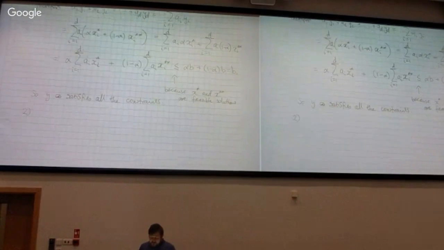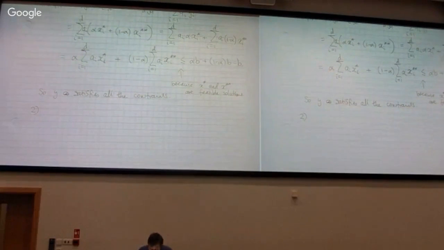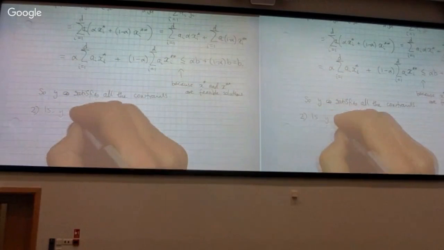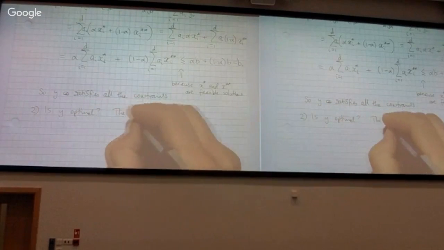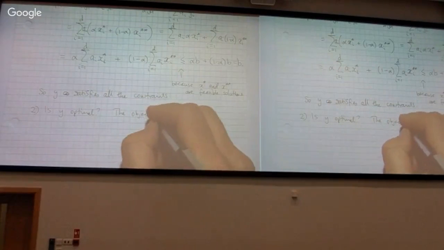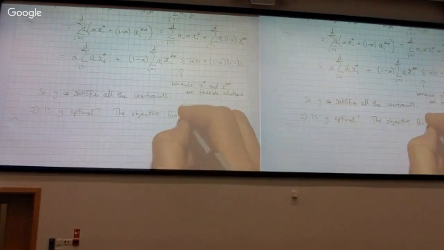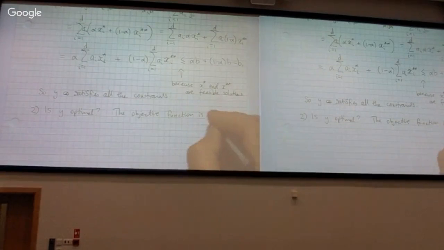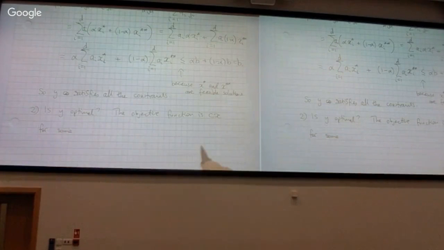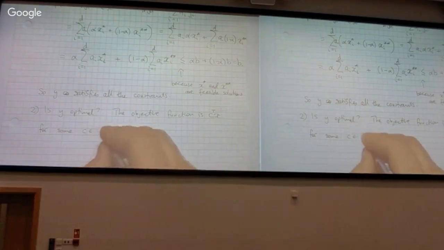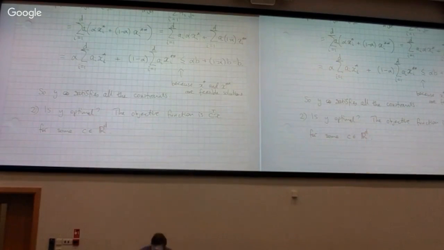The second thing is my optimum. The objective function is Cx for some vector C, okay?